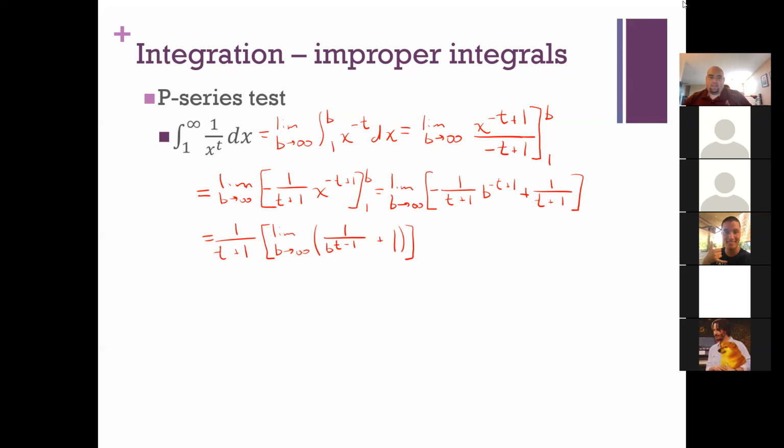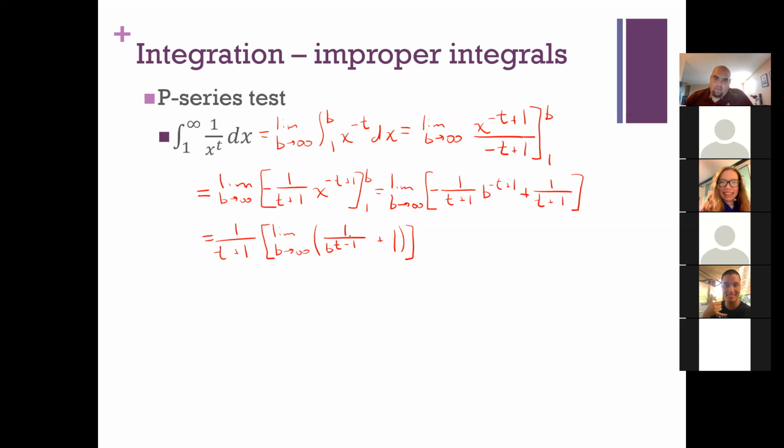What's going on in the chat? Are we missing a negative? Jillian, where do you think we are? I don't think we are. Sorry, I was just thinking if we're pulling out the factor of 1 over t plus 1, the first one has the negative in front of it. That is a good catch for sure. Sorry, I was slow.